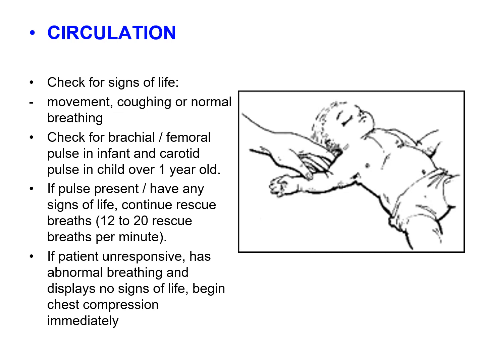If pulse is present or the child shows any sign of life, only continue to give rescue breath. Give 12 to 20 rescue breaths per minute. However, if the patient is unresponsive, has abnormal breathing, and displays no sign of life, immediately start chest compression.